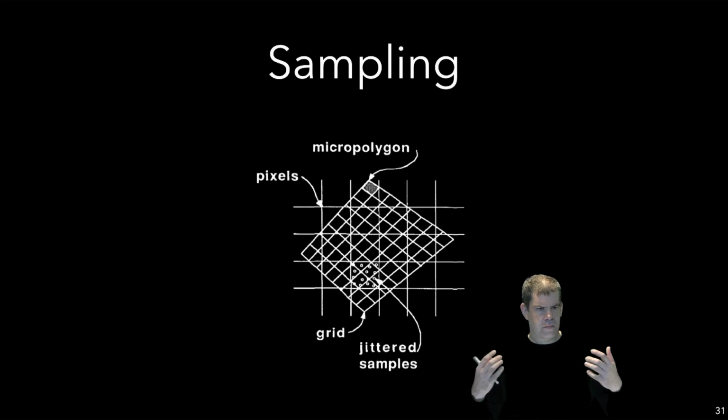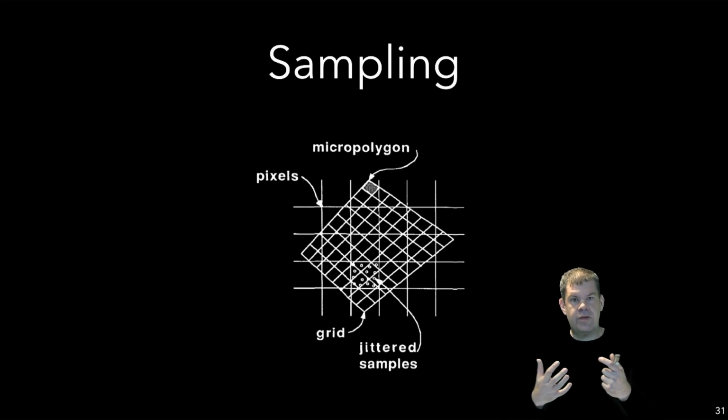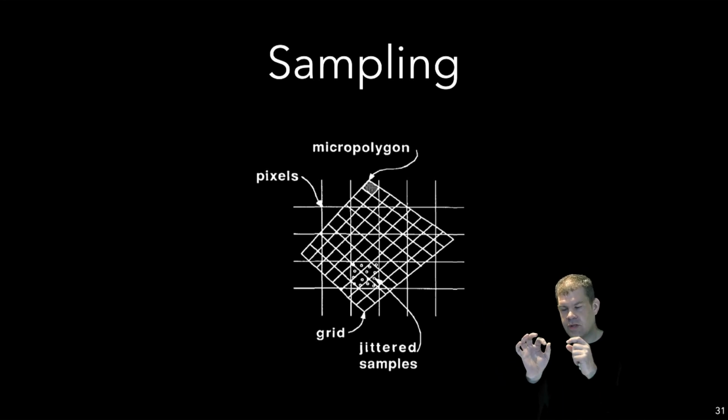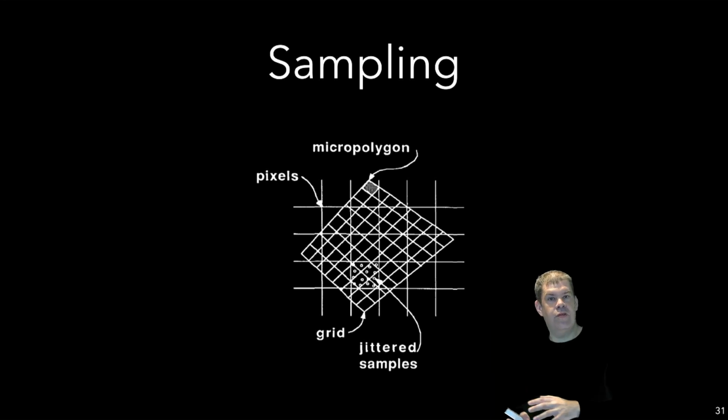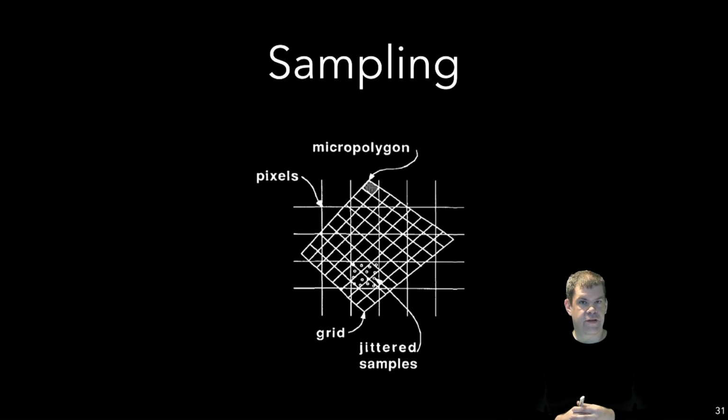Sampling then was the next stage, and that is really just basically super sampling as we know it. So we'll take the results of that diced grid, or the grid of micropolygons, and then we ultimately need to turn those back into pixels because whatever we do, the result is basically an image on screen that's made up of pixels.